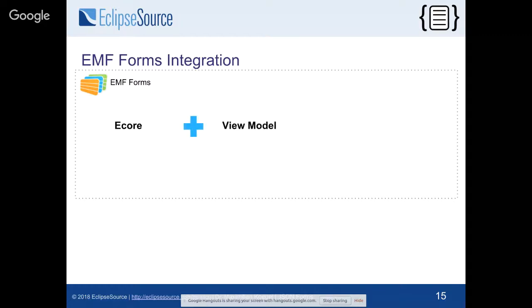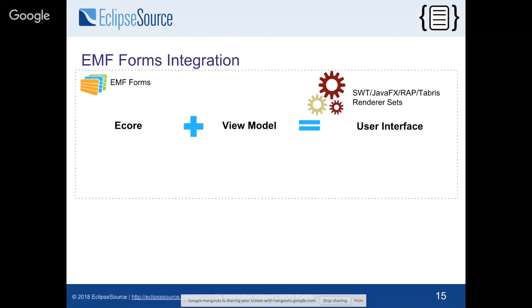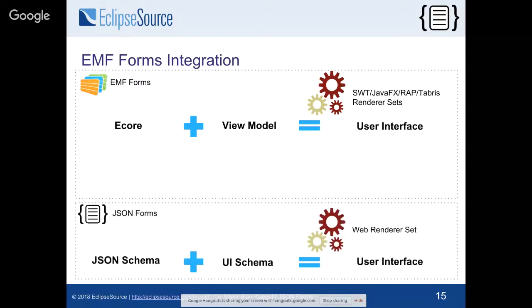And then it has an artifact that in EMF Forms is called view model. It describes the actual form-based UI. And then it renders a user interface, for example, with the SWT renderer, so that it can show within an Eclipse instance. And if you compare that with what JSON Forms does, it's pretty much the same, right?